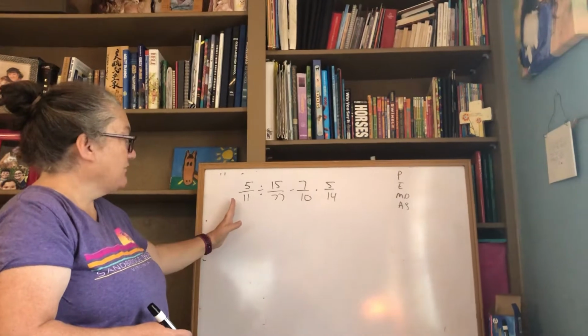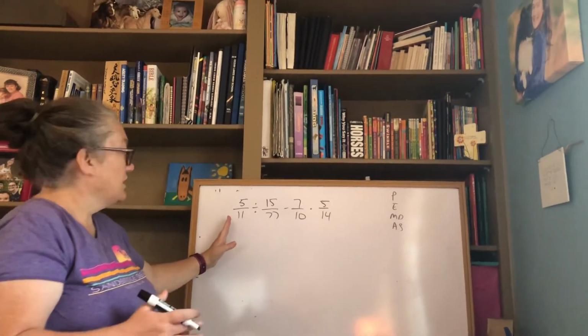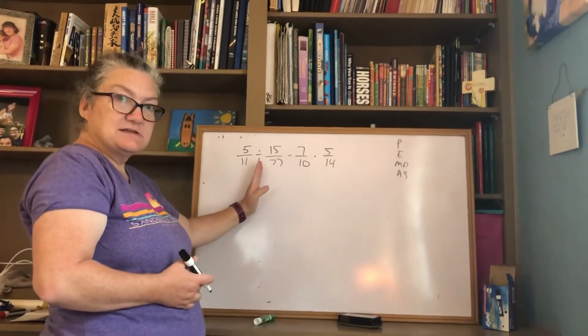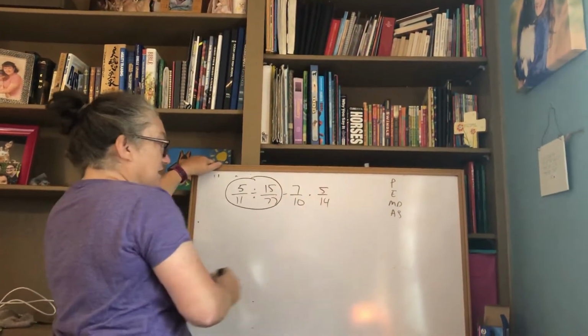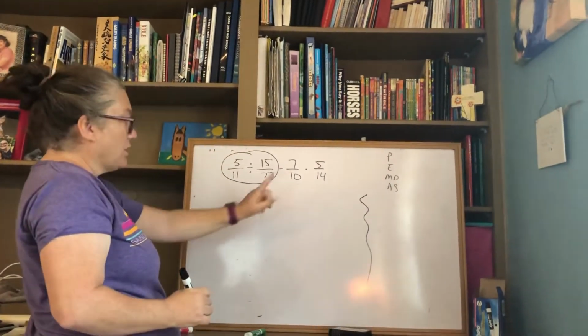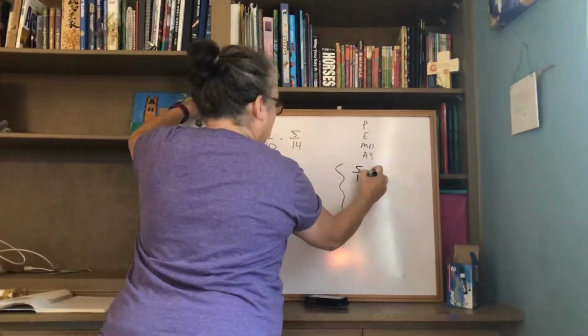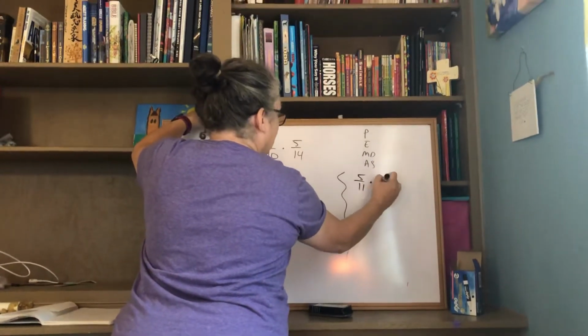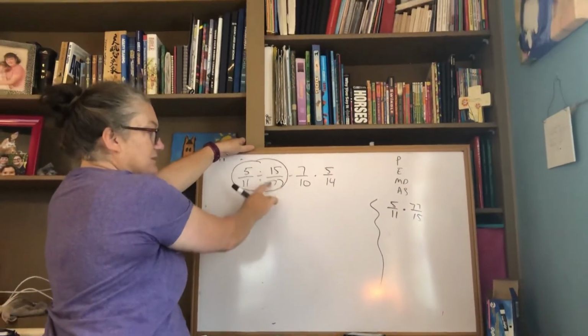So I start left and I'm looking just for multiplication or division. The first thing I came across is division. So I'm going to take care of this first. I am going to bring it over here and work that part over there and bring the answer back here. So we have 5 over 11 times 77 over 15. Remember we take division and we multiply by the reciprocal.